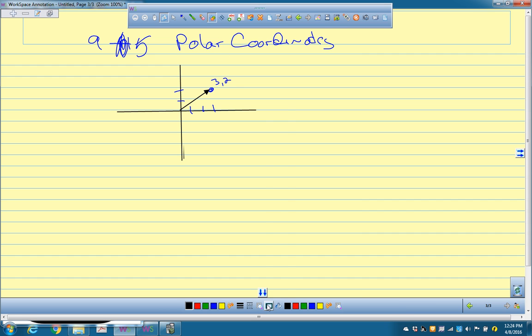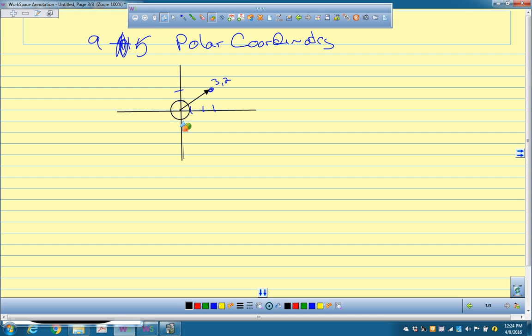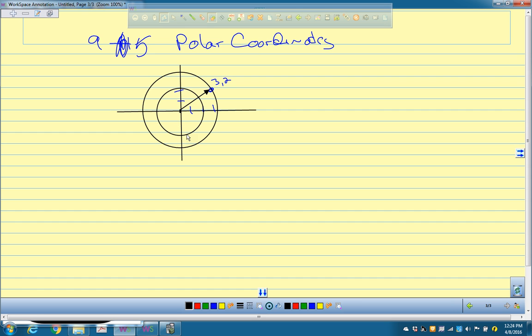Polar grid paper looks like a bunch of circles, like a circle going through 3, 4, 5. So you would go over 3, and then you'd rotate through some angle theta.